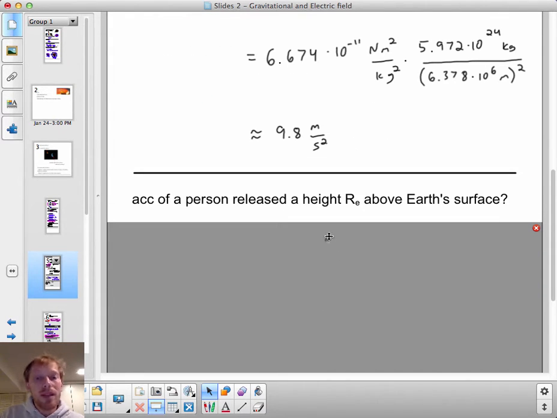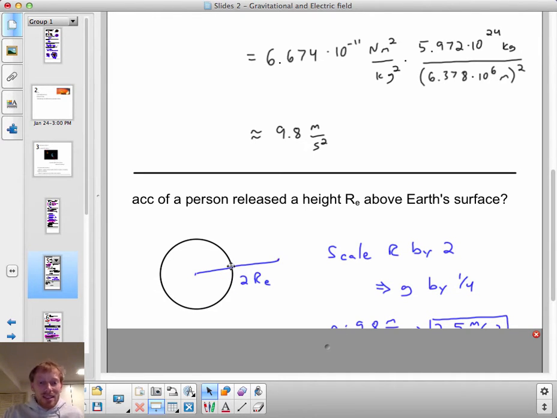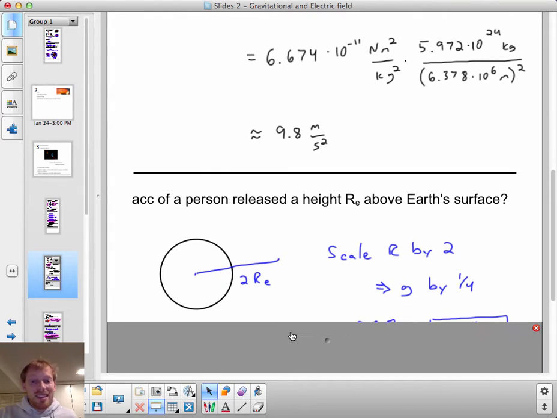Cool. Well, let's say that I was able to get a person a radius of Earth's radius above the surface of the Earth, a height above the surface of the Earth equal to Earth's radius. And if I were to let this person go, what would this person's acceleration be? Well, let's consider the gravitational field at that location. We've considered a location that's twice as far from Earth's center.